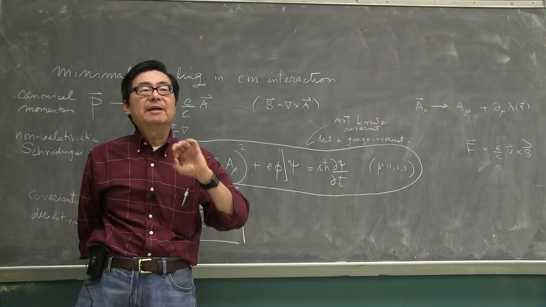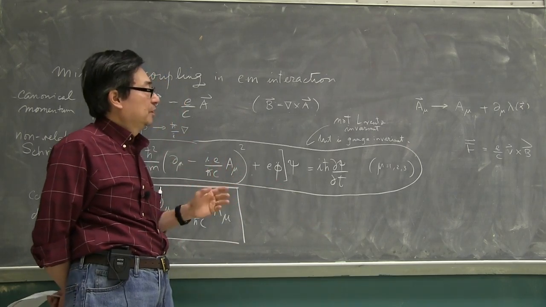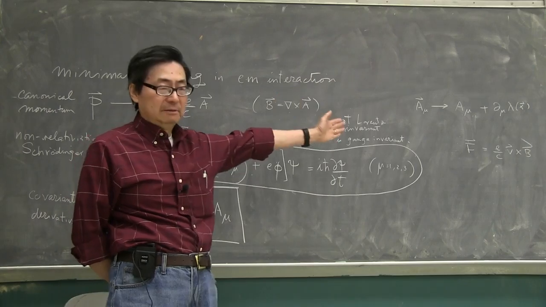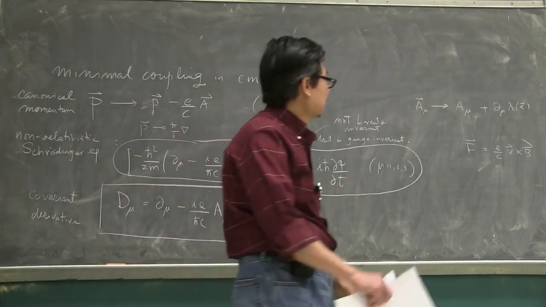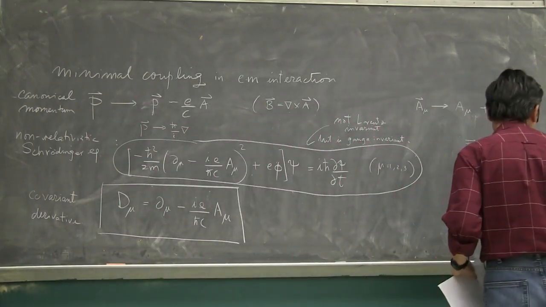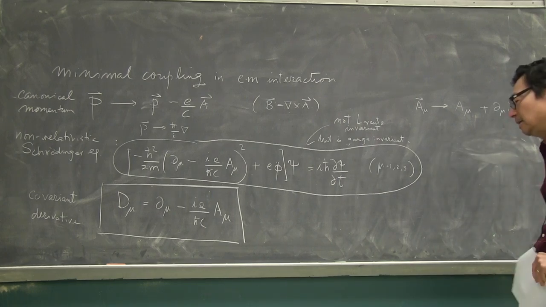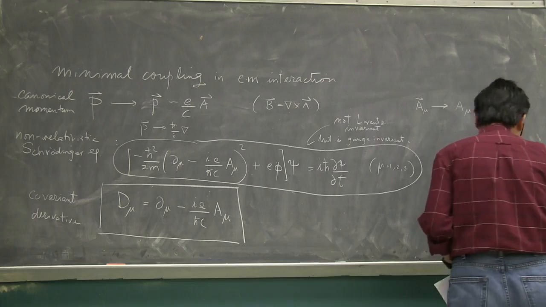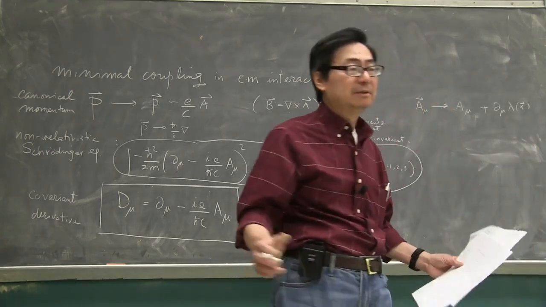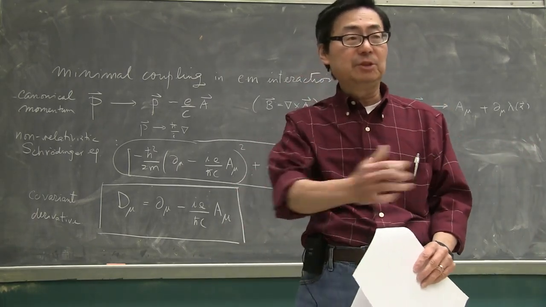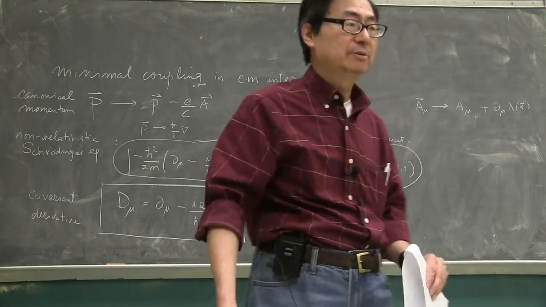We would like the gauge transformation to involve not only the vector potential, but also a gauge change of the wave function, so that the entire Schrödinger equation has the same form under a so-called gauge transformation when you go from one gauge of the A field to another.